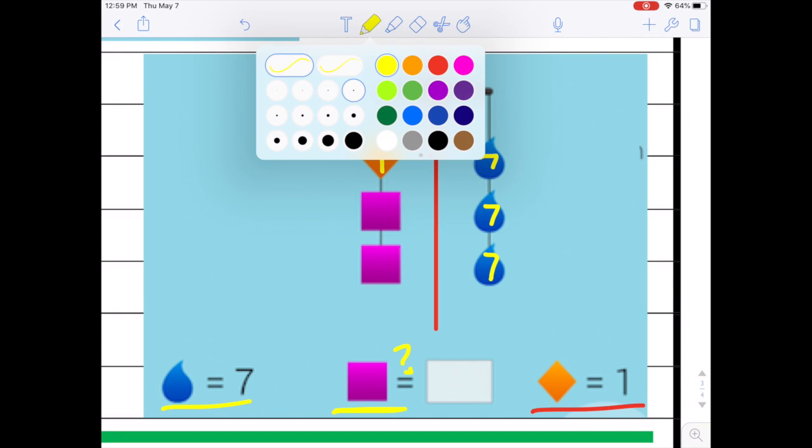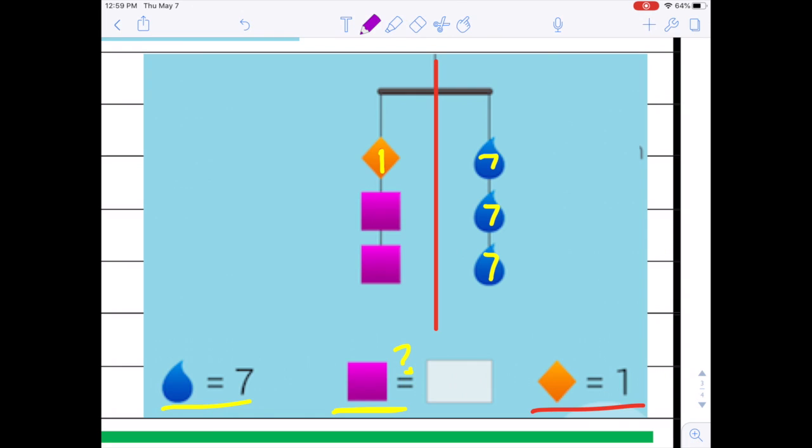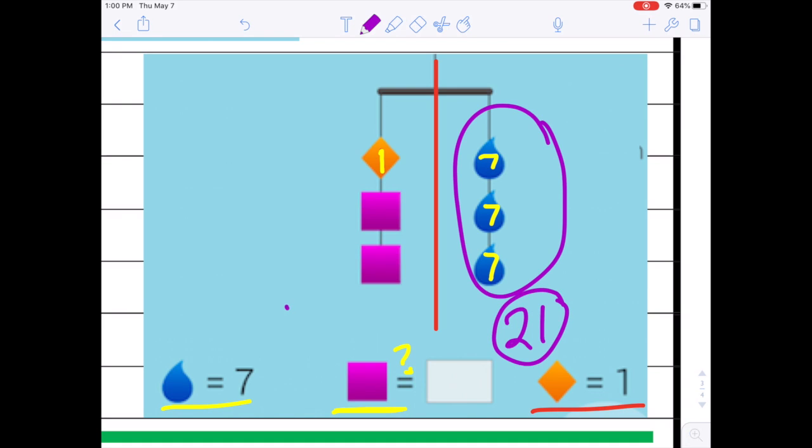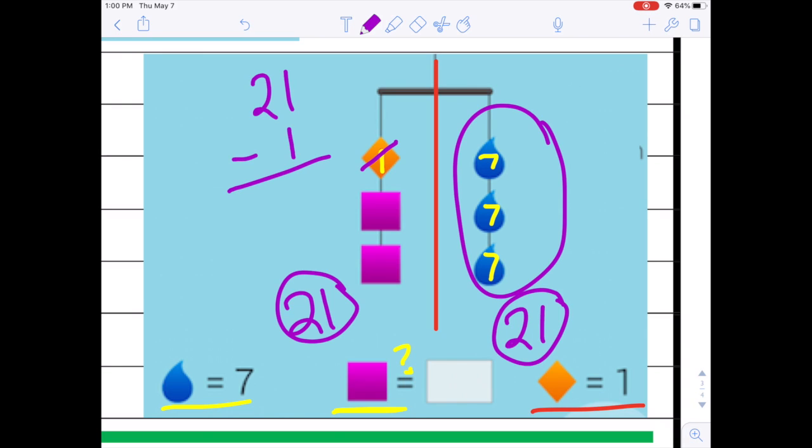So when I look at my balance, what is the side that I could find a total to? And I noticed this side, I could figure out a total. 7 times 3 is 21. So that means on this side, my total is going to be 21. So if I take 21 and get rid of the one that we already know, so minus 1, that means that 20 is remaining to split across my 2 purple squares.